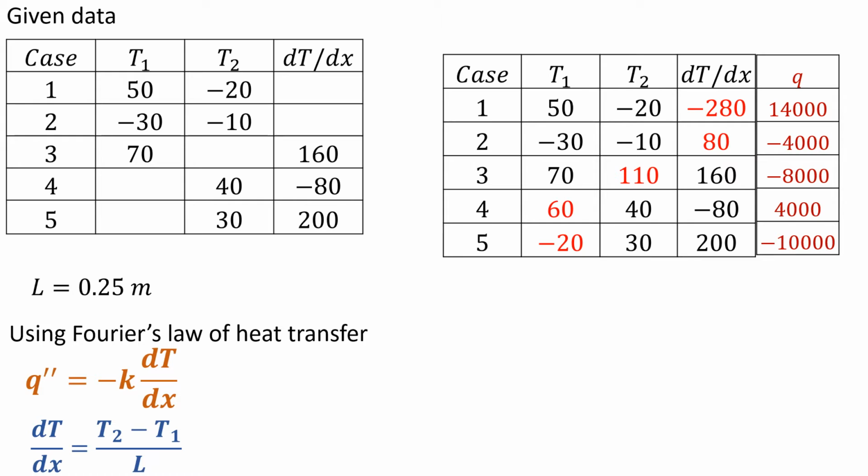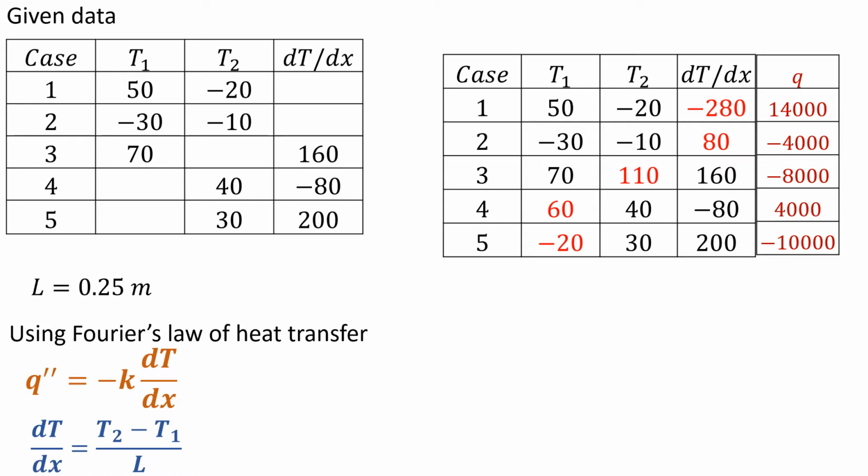Here in the second, third and fifth cases, the negative sign indicates that the direction of heat transfer which we have assumed is opposite to the actual heat transfer direction.